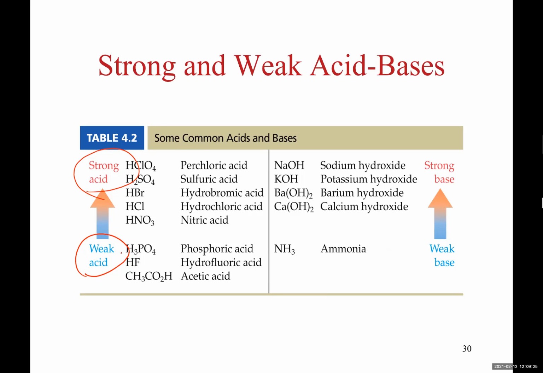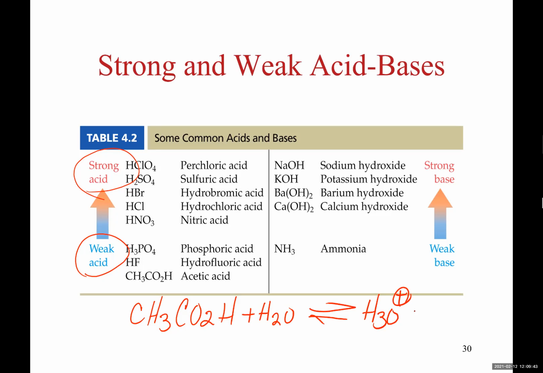Weak acids donate their hydrogen ion through an equilibrium. Let's say this is acetic acid. It's a weak acid. If you react this with water, it can give some protons to make hydronium ion, and what is left is the acetate anion. But look, this is an equilibrium. That means the reaction never goes 100% to the right. As a result, we call these weak acids. Weak acids are partially dissociated in water.